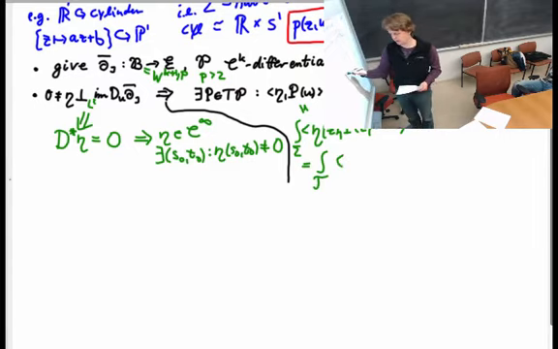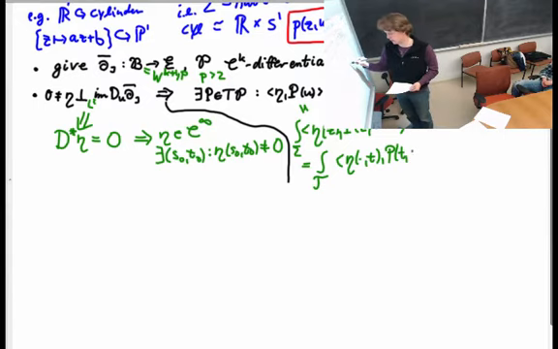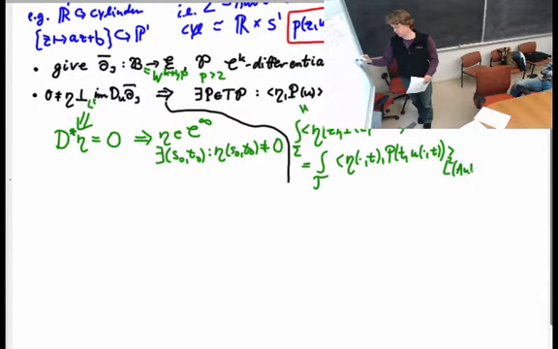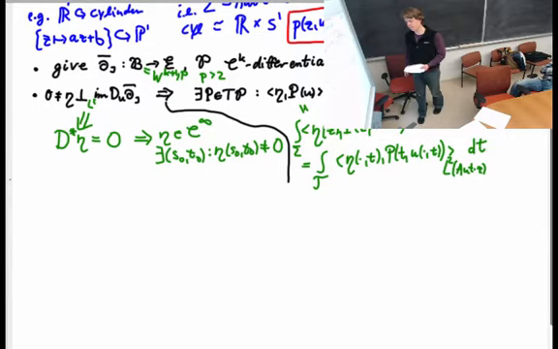And then I have a product on the orbit. That will be some L2 thing on the orbit, dt.